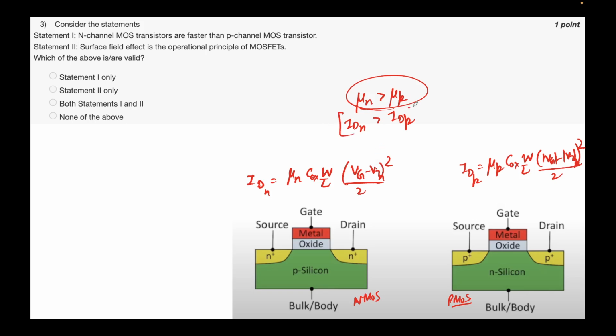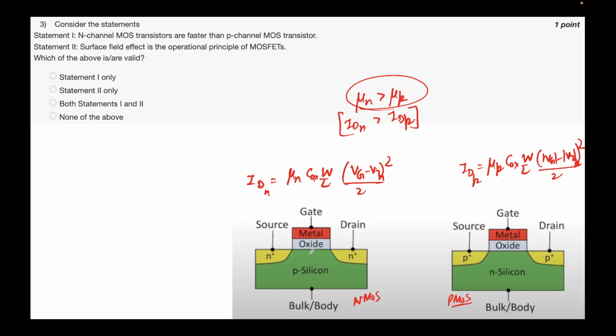So if this is the case, and we are talking about fast, faster means this is essentially your rate of transport of electrons, because remember, this is dq over dt. So the rate of transport of electrons is higher compared to the rate of transport of holes. This means if you want to transport electrons from here to here, turn off the channel, turn on the channel, NMOS will be a faster device, because it can carry more current, and that is predominantly because the electrons can travel faster, so it can switch on and off faster.